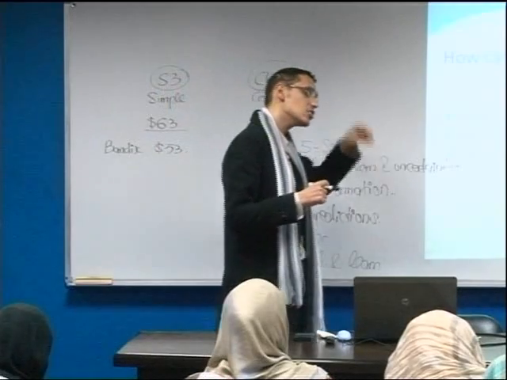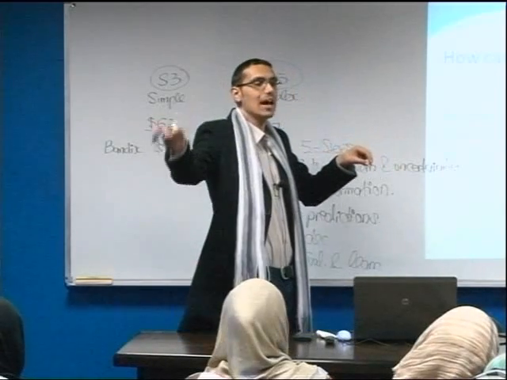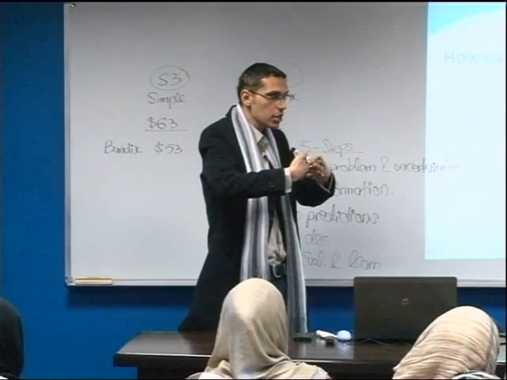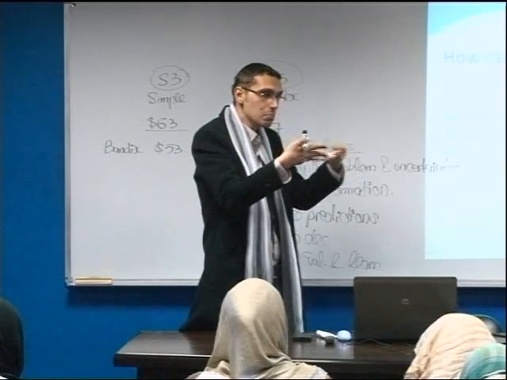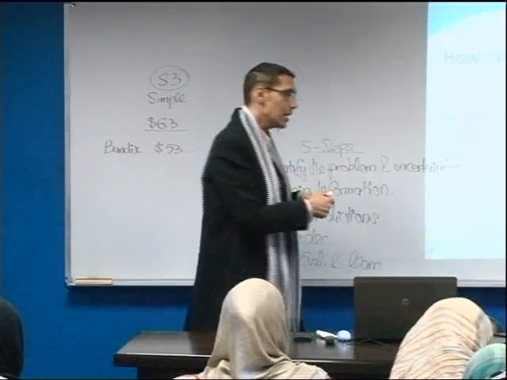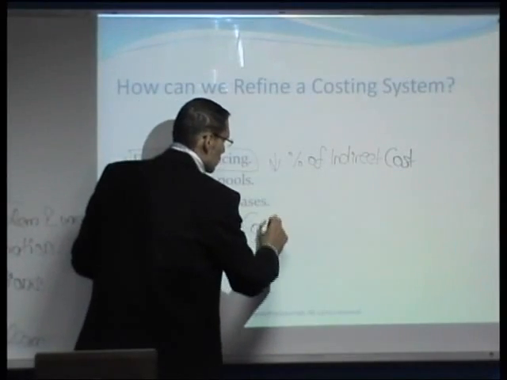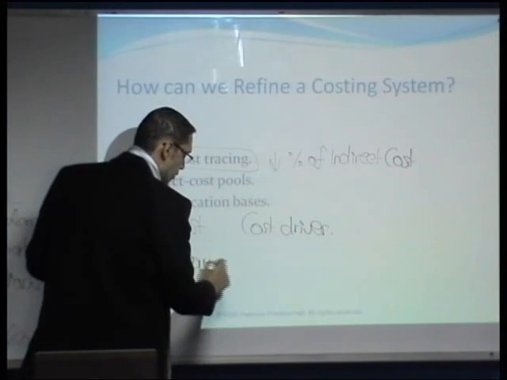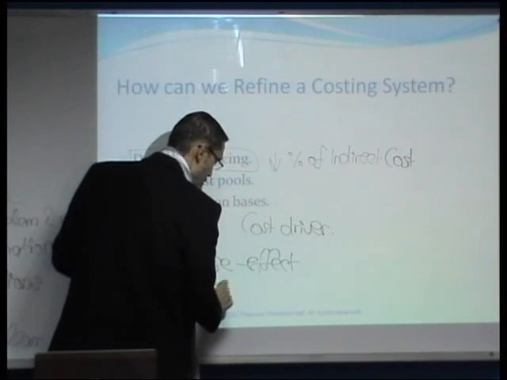That means any change in the cost driver would affect a change in the cost itself. That means we have a physical relationship, an economic plausibility between these two. There should be a quite strong relation between the cost and the cost driver, which is something we called in Cost Accounting 1 the cause and effect relationship.